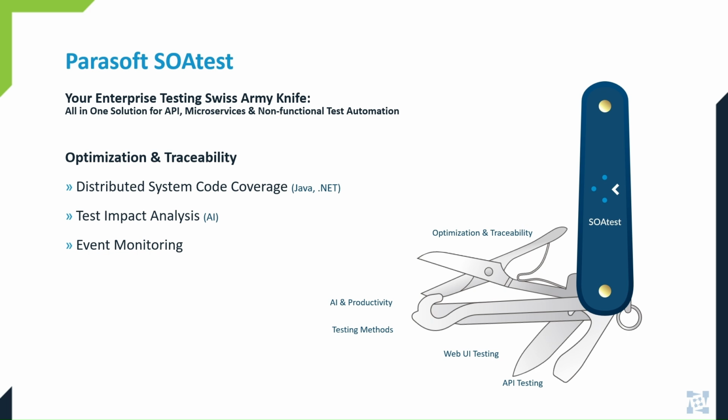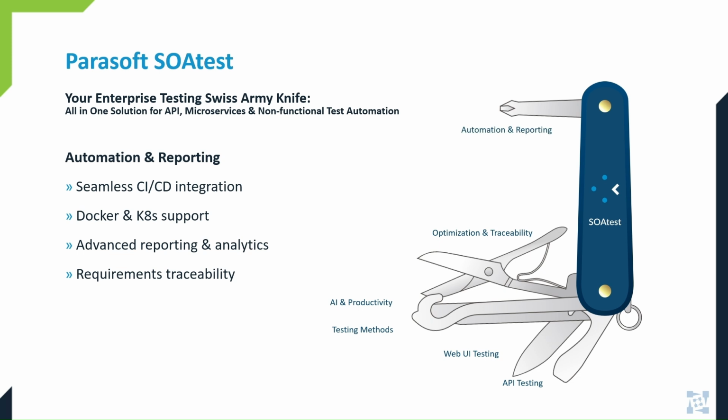It also enables teams to monitor the traffic between microservices. SOATest, of course, easily integrates to CI/CD pipelines. It supports Docker and Kubernetes deployments and offers advanced reporting and analytics with its integration to Parasoft's DTP platform for centralized reporting and trends analysis.